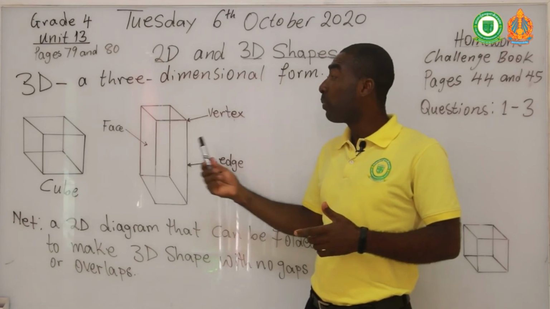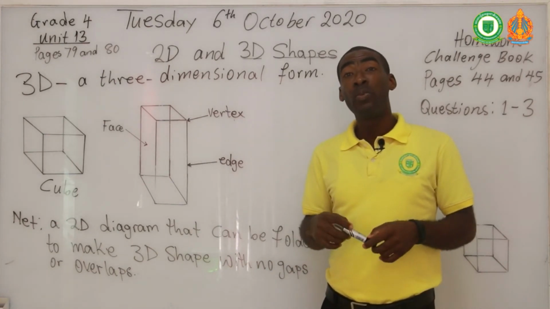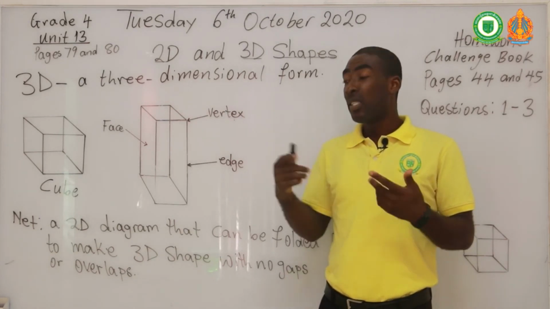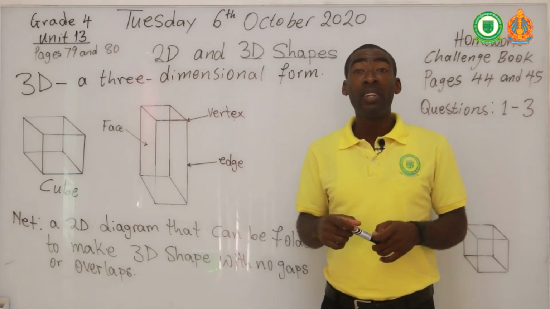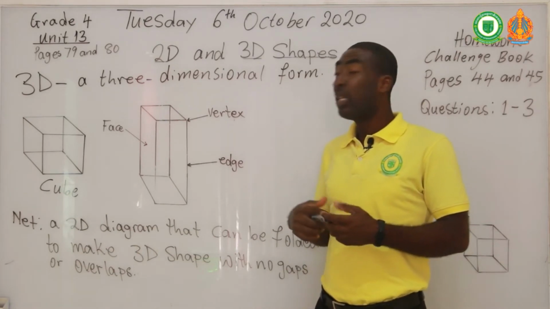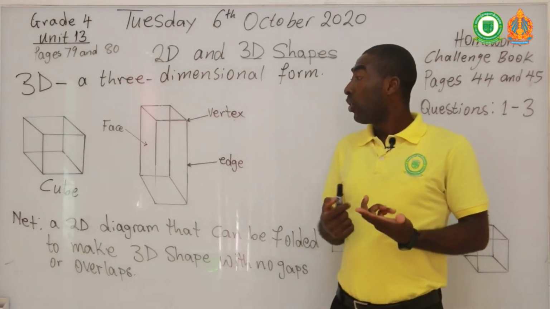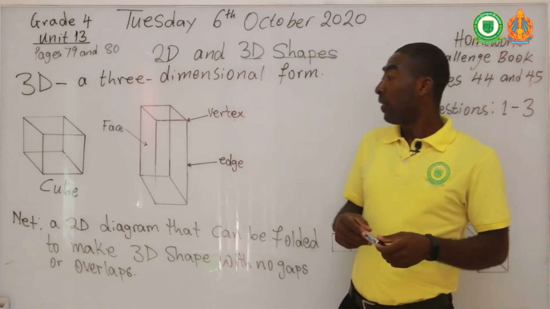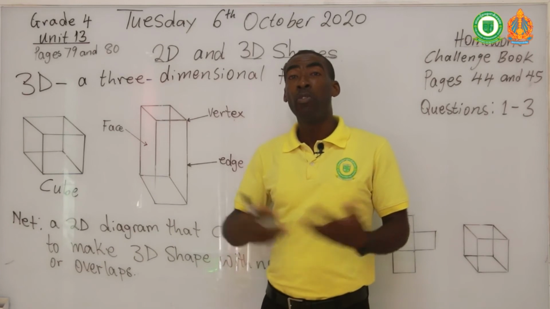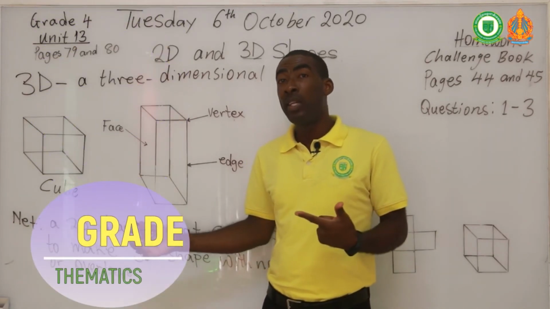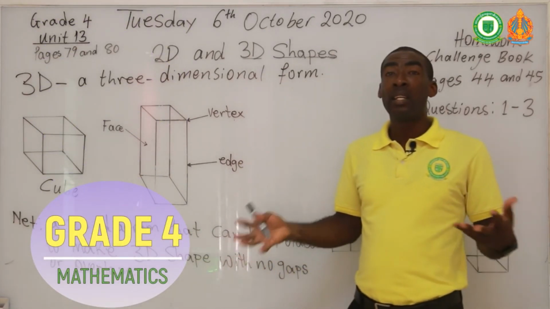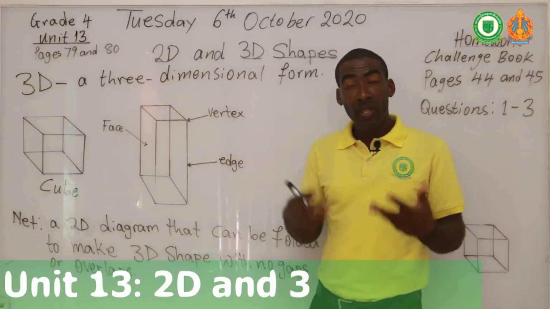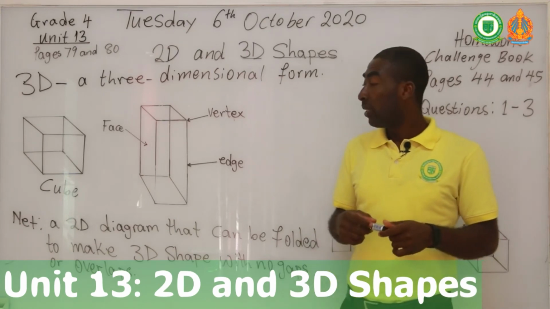Examples, we have two examples here. In the previous video, we've shown you some other examples. In your textbook too, you also have some more examples of 3D shapes that you can make. Again, your exercises have also demonstrated to you that most of the 3D shapes could be unfolded, could be expanded in the form of a net, and then it can be refolded back to the 3D shape that you were dealing with.